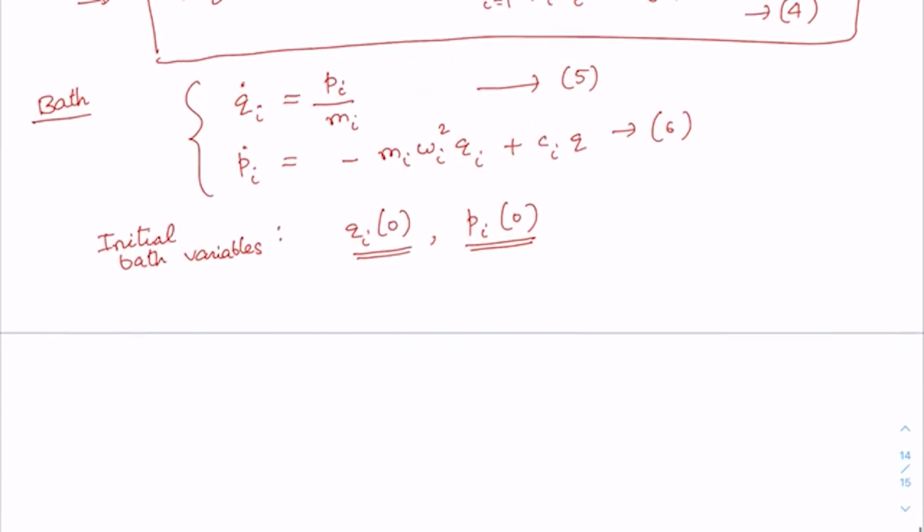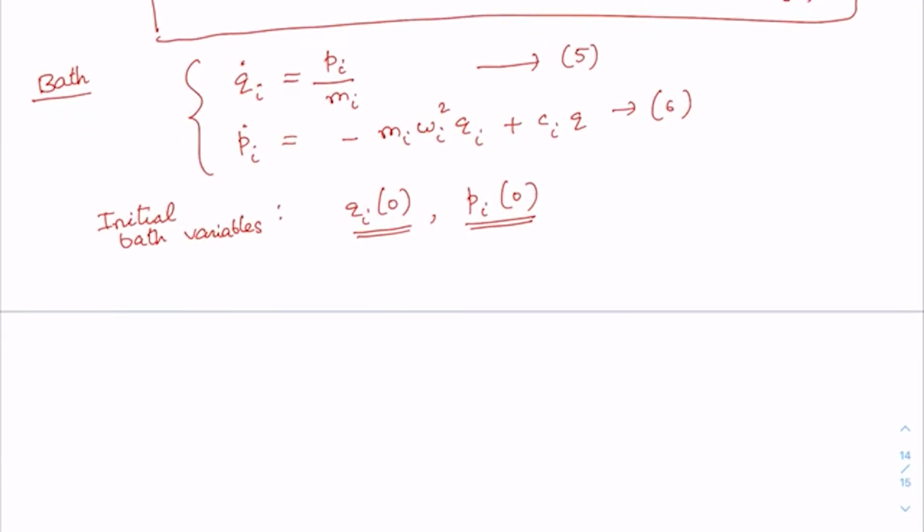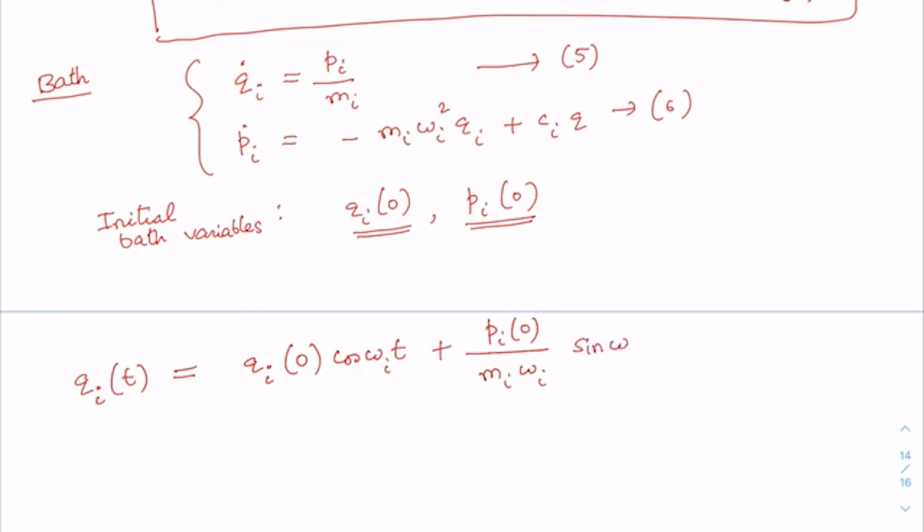Suppose we know all these initial bath variables, then the solution can be written like this. This you can also verify just by directly putting it in the equations. So let me write down the solution here. We'll have qi of 0 cos omega_i t plus pi 0 by mi omega_i. You may find it very difficult, but actually it is not difficult. It's straightforward algebra.